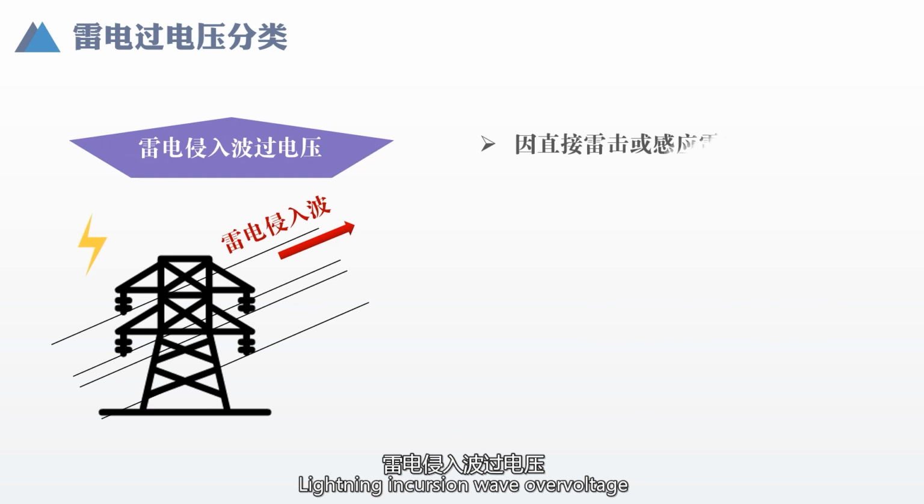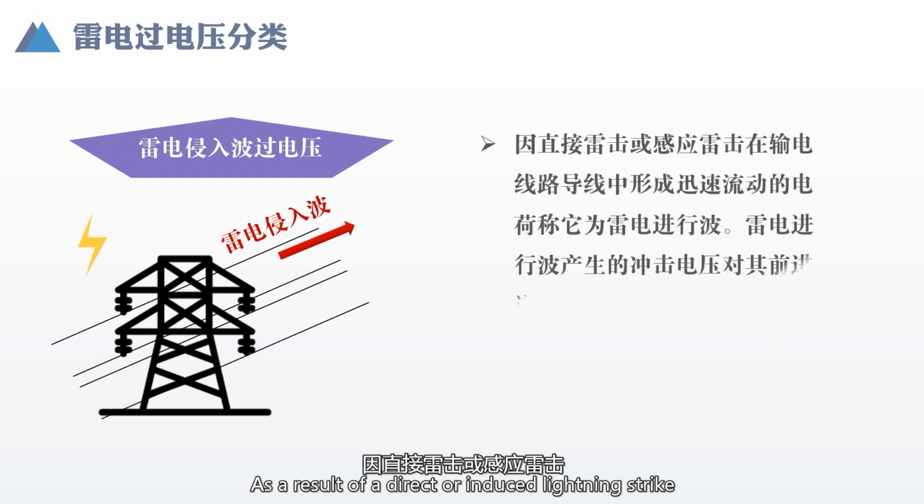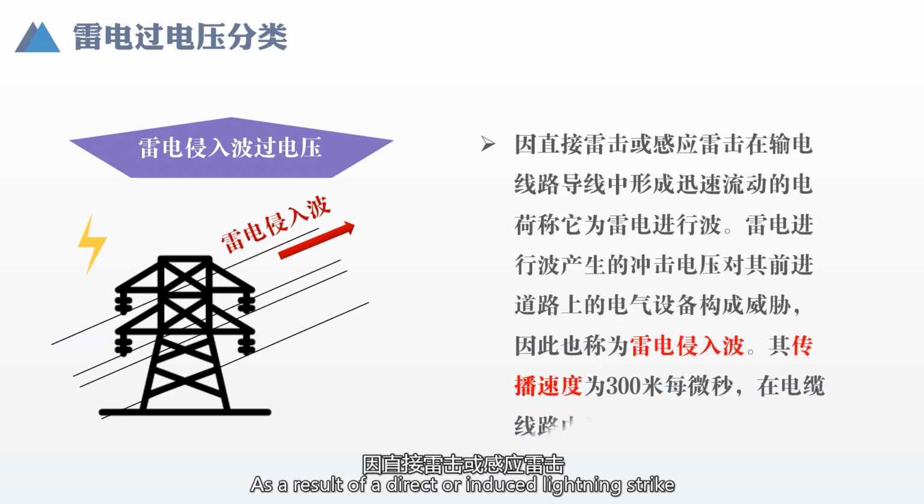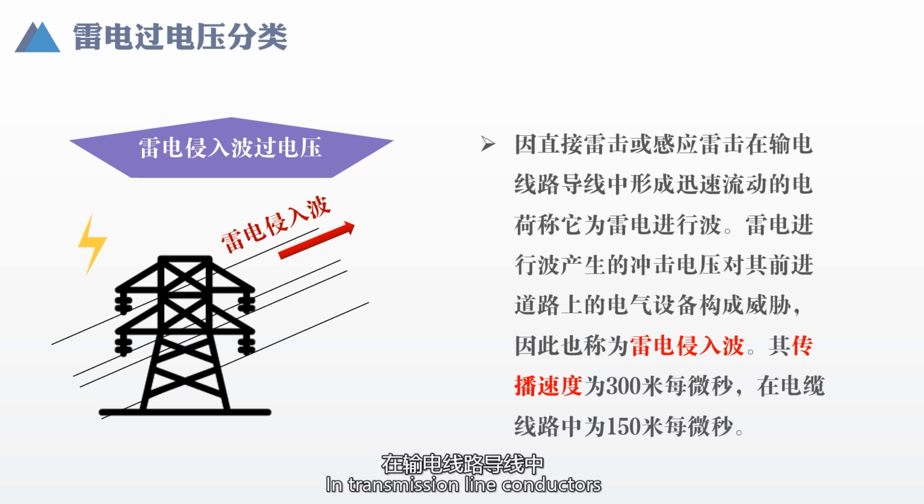Lightning incursion wave overvoltage: as a result of a direct or induced lightning strike on transmission line conductors, a rapid flow of electric charge forms. It is called a lightning incursion wave.